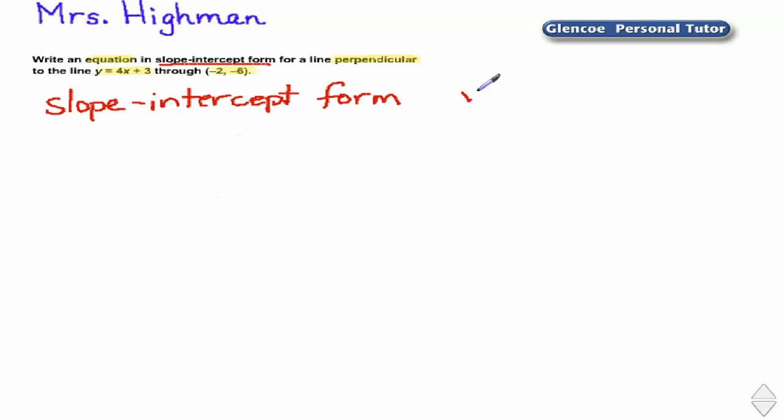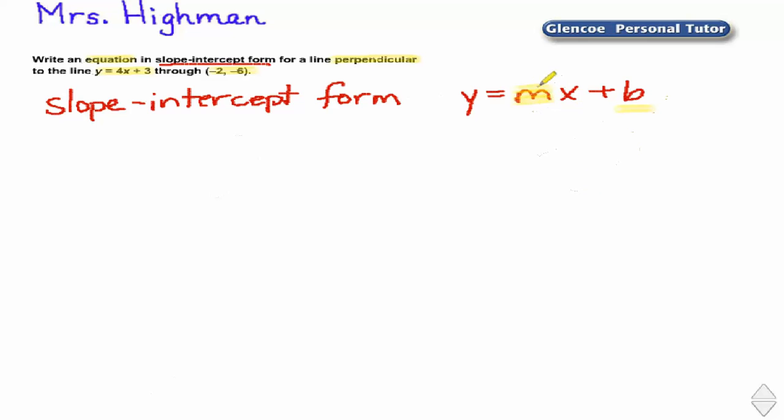Slope-intercept form is y equals mx plus b. And m stands for the slope of the line. b is going to be the y-intercept.